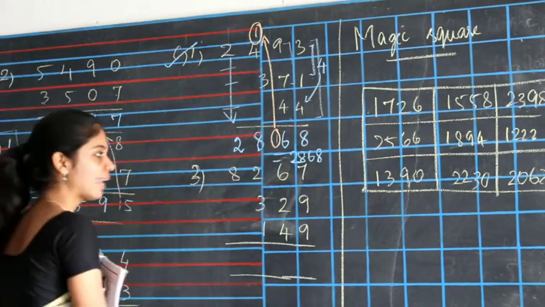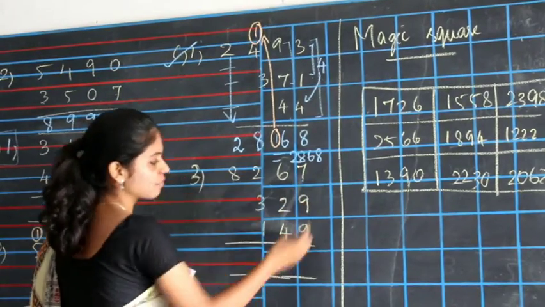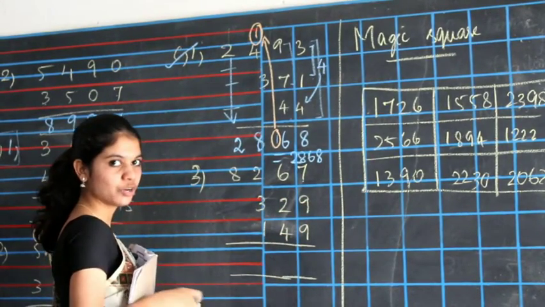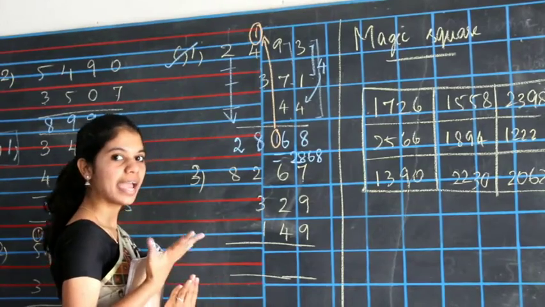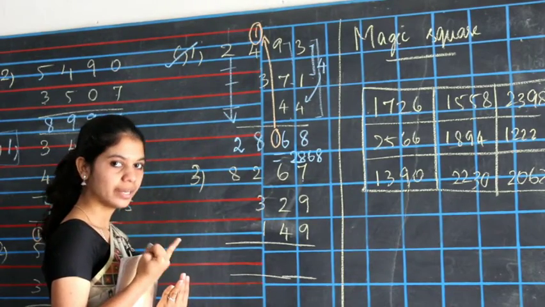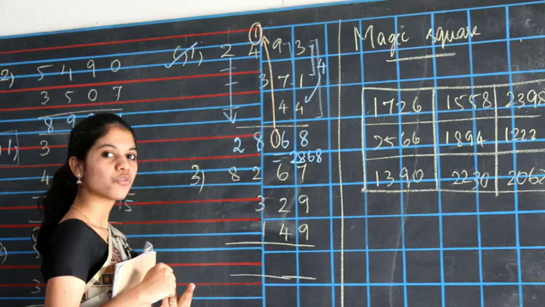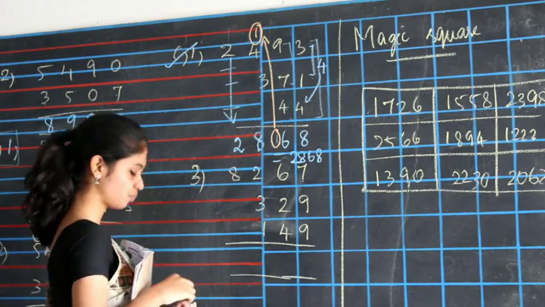Likewise, 7 plus 9 will be 7 in your mind, 9 in your fingers. 7, after 8, 9, 10, 11, 12, 13, 14, 15, 16.